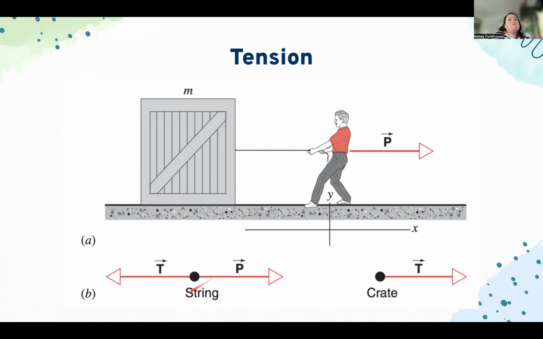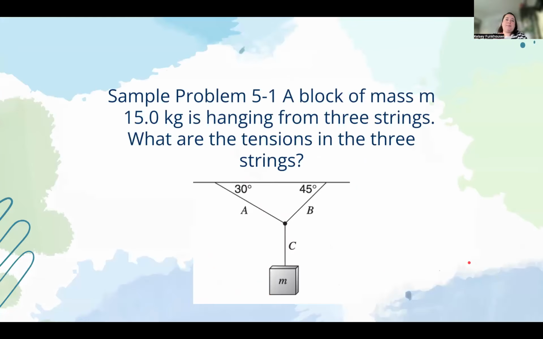So you can think of this as a portion of the string, and so a portion of the string feels the worker's pulling force and tension in the other direction along the rest of the string, and the crate feels that same tension but in the opposite direction. So now we're going to do a sample problem with this.